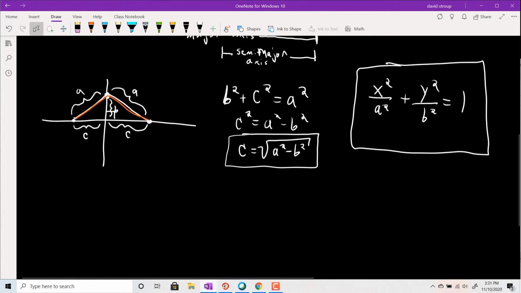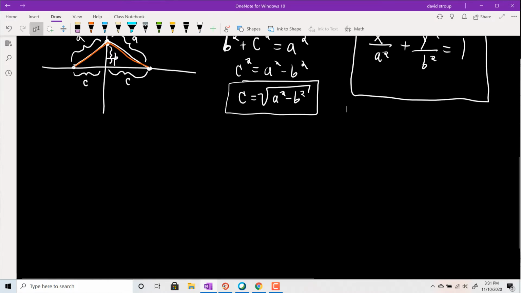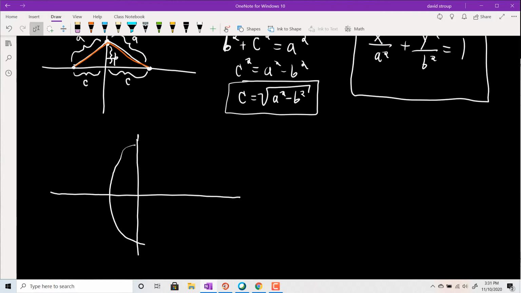Okay. The other orientation. And you could think of this kind of just tossed like a football into the xy plane, sitting in any orientation. But for us, we just worry about two orientations, the first orientation I gave you, and then this other orientation where the foci are on the y-axis. So you have this kind of shape with the foci here, and then the vertices here and here.